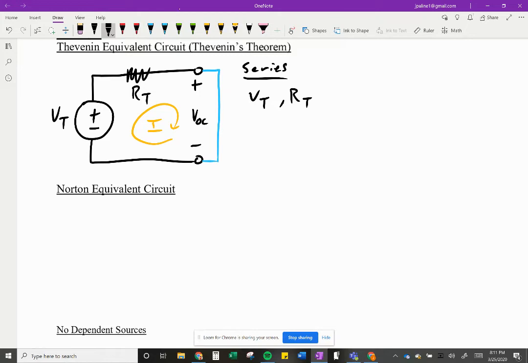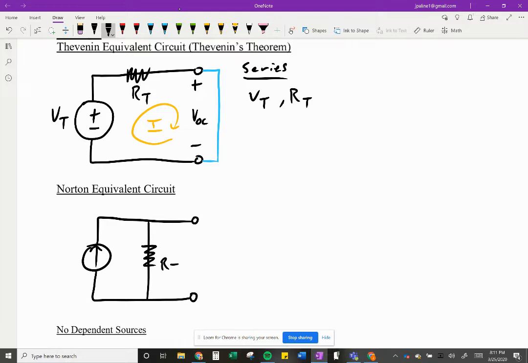Now let's go look at Norton. So Norton is a current source. But now this is going to be in parallel with the R Thevenin, so it's the same R Thevenin as before, where we have our plus and minus terminals, where this is still VOC.